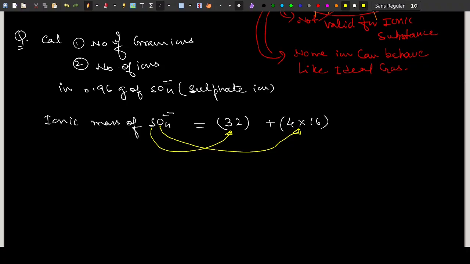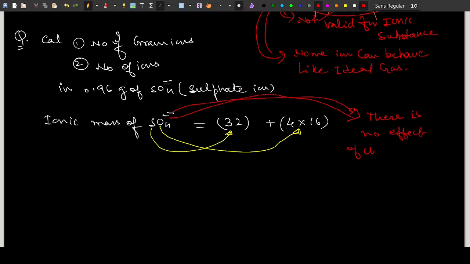And these charges do not contribute. The charges have no contribution in the mass. So there is no effect of charge on mass, because charge arises due to the electrons. So here this calculation is 32 plus 64, which is 96.